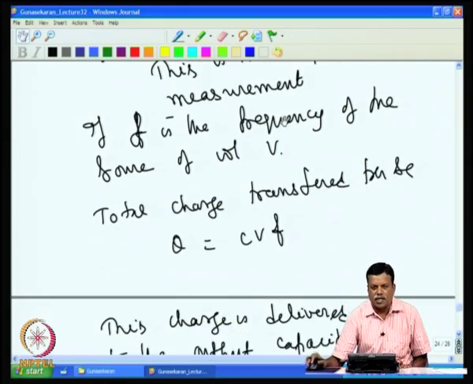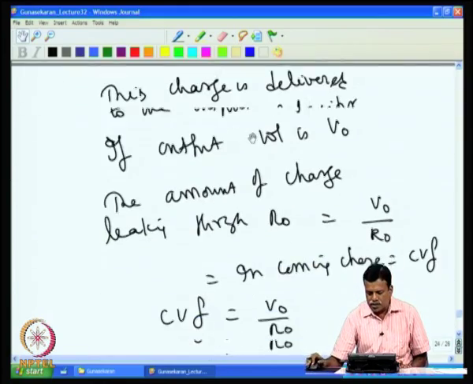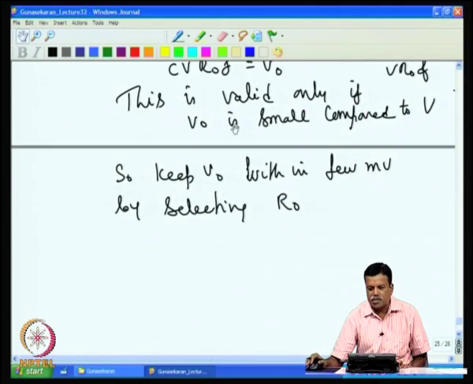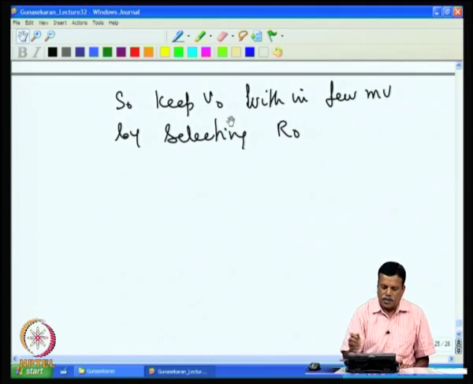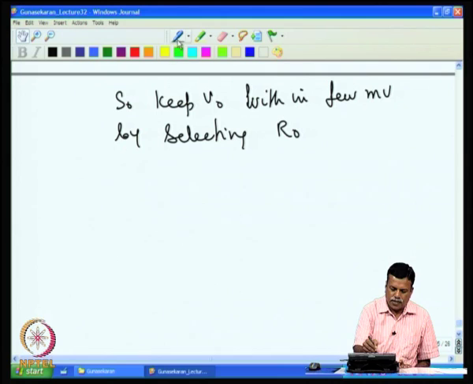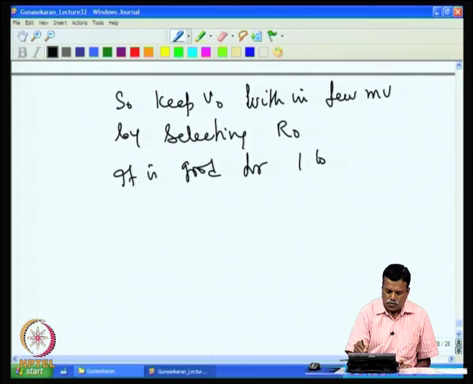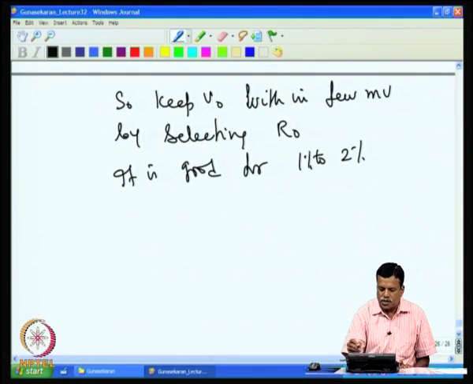So, it is not very accurate, but nevertheless this is okay for 1% to 2% accuracy.